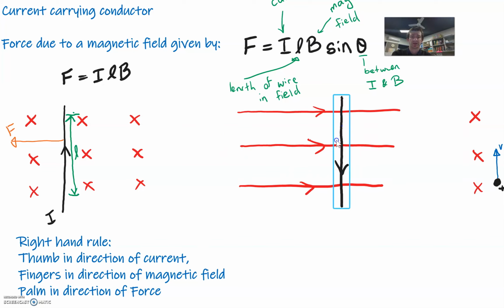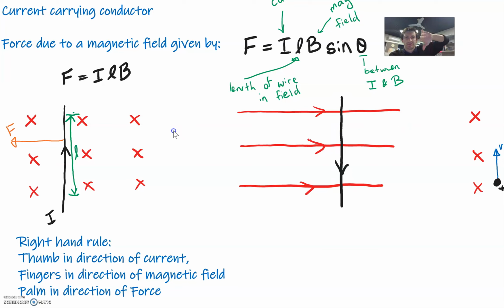If you look at this example, the angle between the magnetic field and the direction of the current is again 90 degrees. So we'd use just ILB to calculate how much force is on it. For the direction of the force, we put our thumb downwards in the direction of the current.